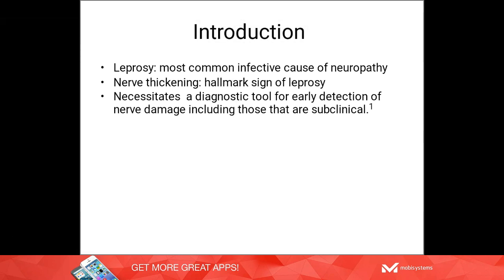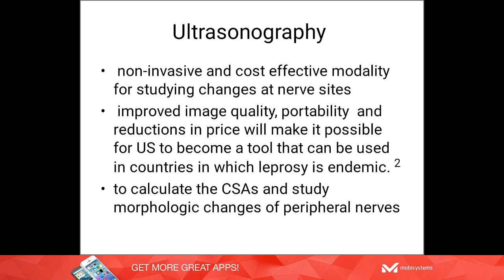Leprosy is a very common infective cause of neuropathy, and nerve thickening is one of the hallmark signs of leprosy. So this makes it necessary to have a tool to diagnose and detect early nerve damage, especially when it is subclinical.